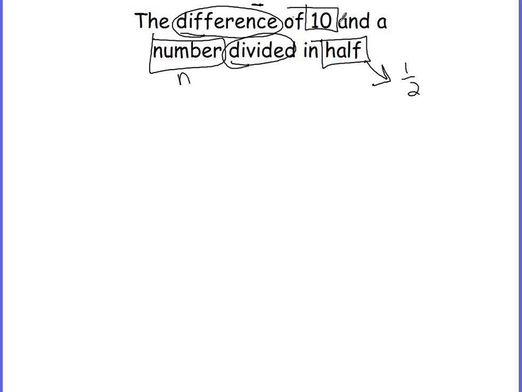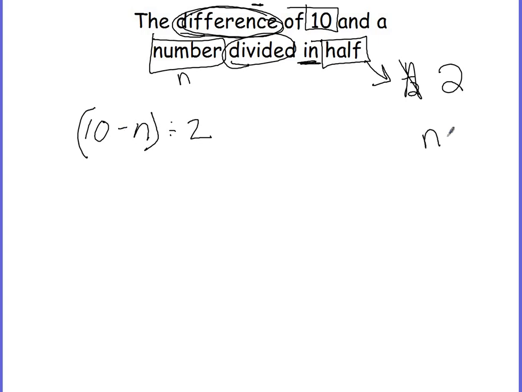So in this case, the difference of 10 and a number, so that would be 10 minus a number divided in half. So divided by 2. So again, this doesn't mean half, this means 2 because of the word in. That's an important number. Now we want the difference, meaning I need to do the 10 minus n first.